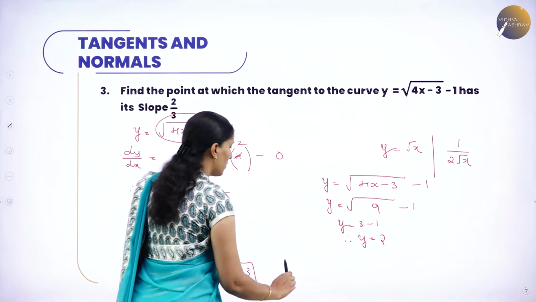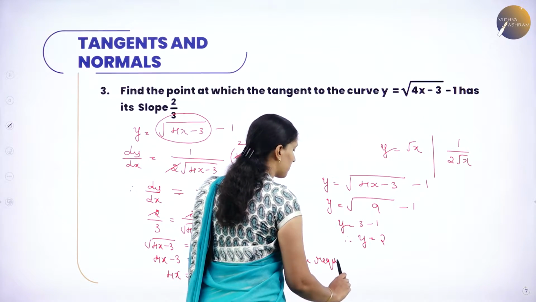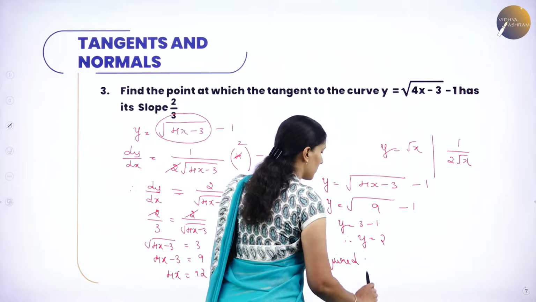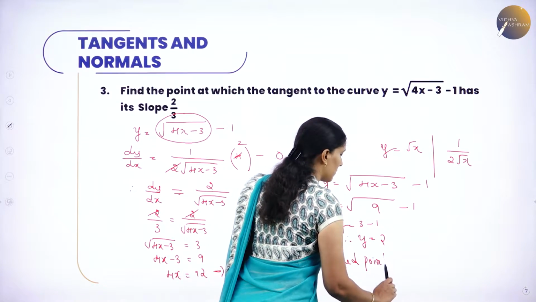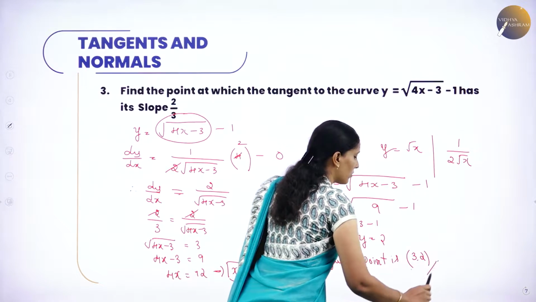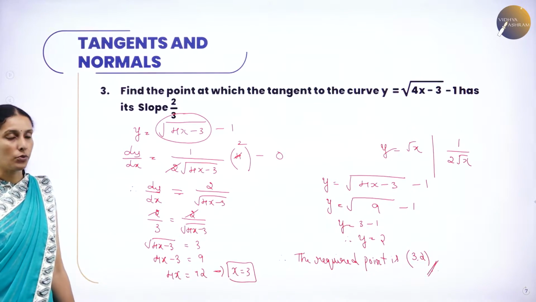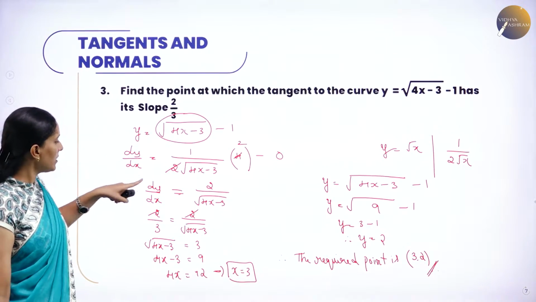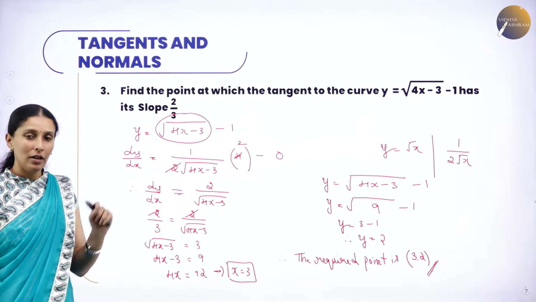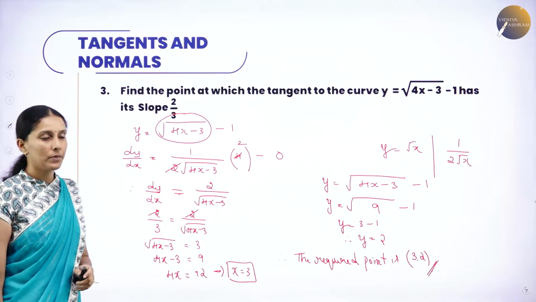So, therefore, the required point is 3, 2. Therefore, the tangent meets the curve at the point 3, 2. So, here the slope is given, means dy by dx is given. From that, we can identify the point of intersection.